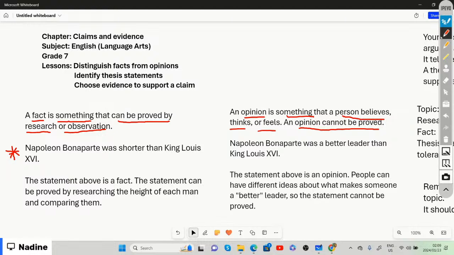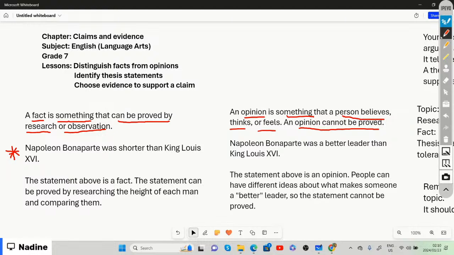But when it comes to an opinion, right, an opinion is something that you as a person believe. It's things that you think are right. It's things that you feel are right. And unfortunately, an opinion cannot be proven. And when it comes to an opinion, we look at an example.